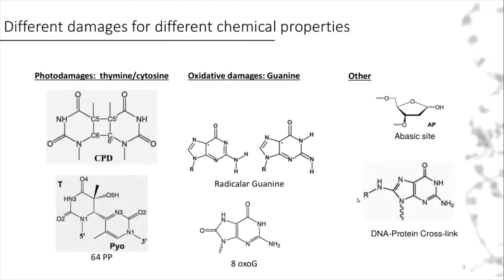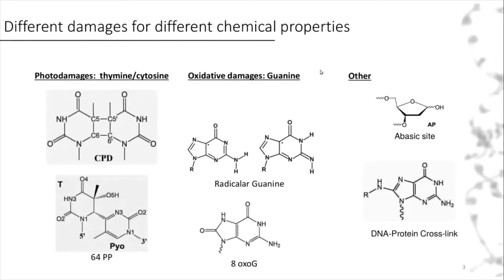Other damages we can be interested in are damages due to oxidation of DNA. They will appear mostly on guanine, because guanine has the lowest ionization potential among all nucleobases. You can create a guanine radical cation by first oxidation of guanine, which will lose a proton.